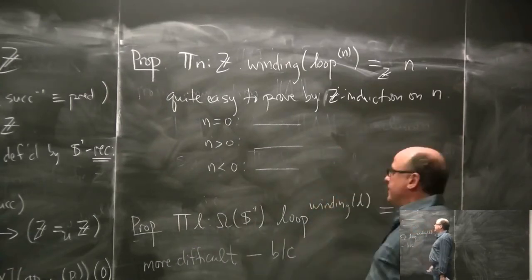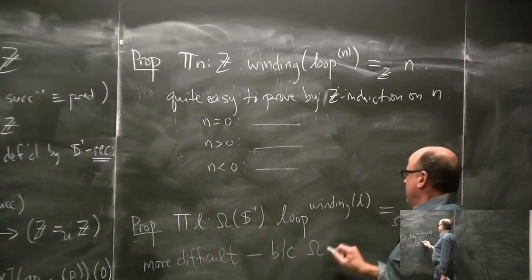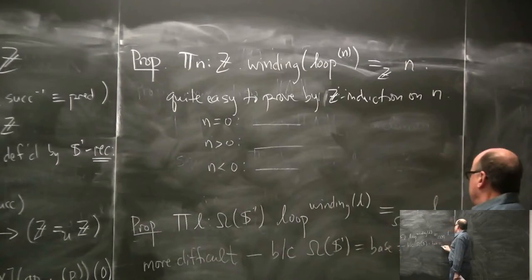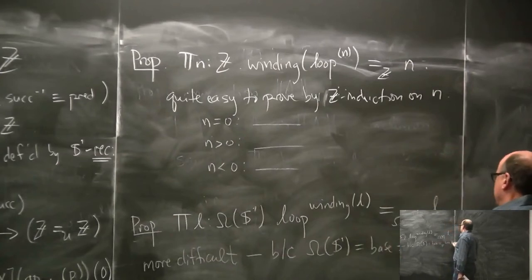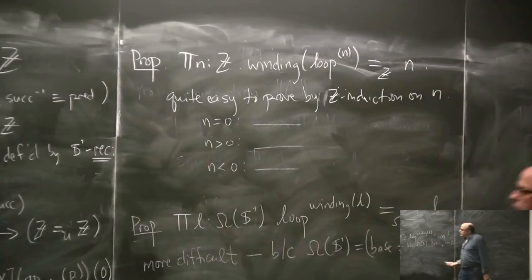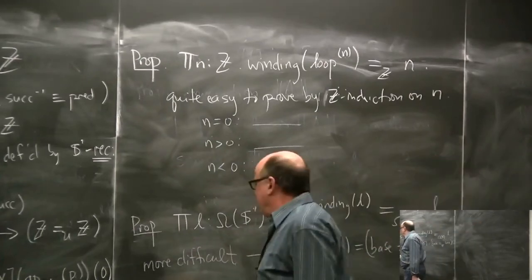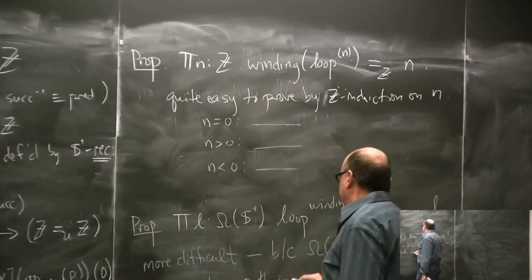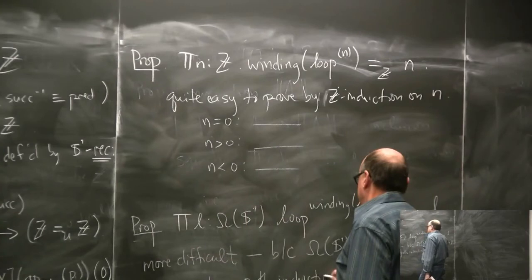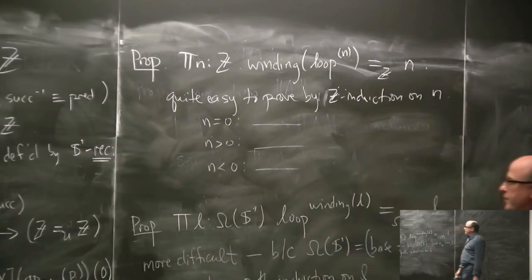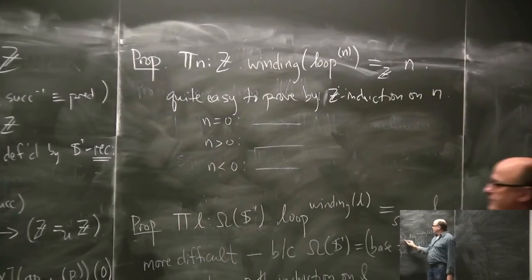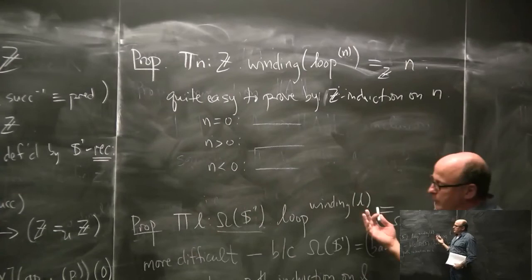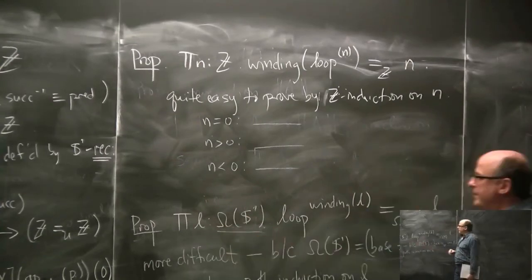It's more difficult because we're thinking about the loop space. I'll just remind ourselves, this is, by definition, base equals base. So your idea would be to do a path induction. It's the only thing you could think of doing. It's all that's available to you, really, on L. This is what you would think to do, because I've got a path in a space, and I want to define a mapping out of the paths in that space.